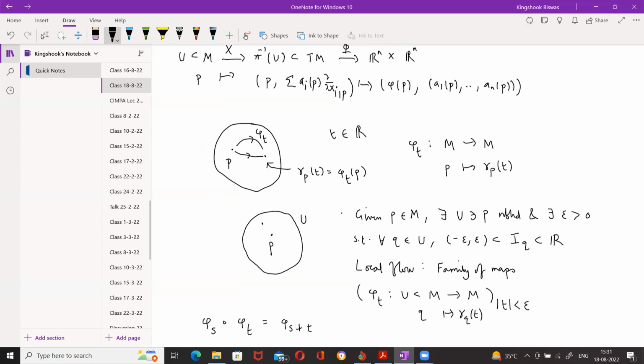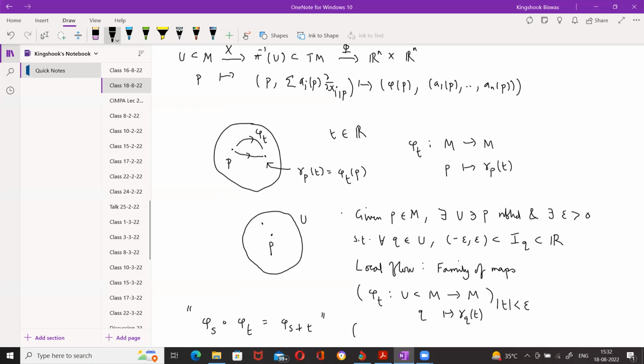Now, you have to be a bit careful with this statement: if the integral curves are not defined for all time, if they're just locally defined, then you just have to say this equation holds wherever it makes sense. I'm not going to write that out, but you understand what I mean. For s, t small and in a neighborhood of P, this will be true.